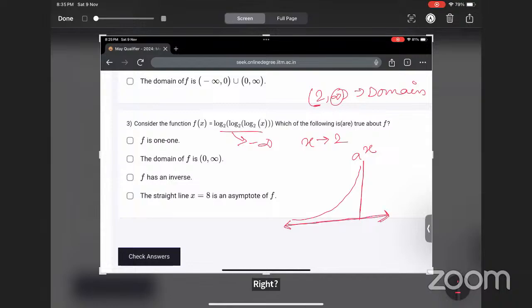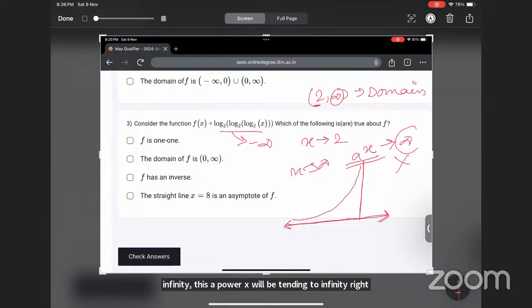In that case, you just have to take x tending to infinity or x tending to minus infinity. Then for this value, we will find some value of y, and that value is the horizontal asymptote. If you have a to the power x as x tends to infinity, a to the power x will be tending to infinity, so this is not the case because we are getting infinity here.